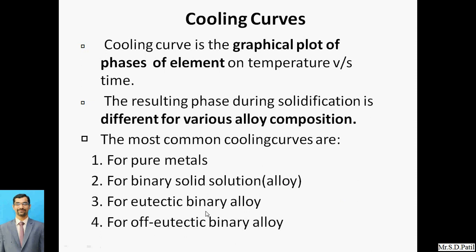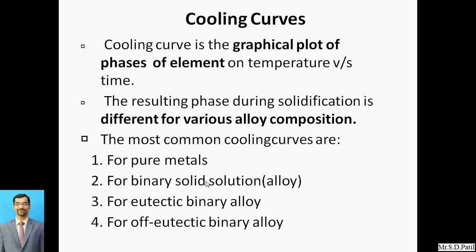Then the eutectic binary alloy and the off-eutectic binary alloy. We will see these four cooling curves in the next part, but for this lecture we will focus only on the cooling curve for pure metals and for binary solid solution, because understanding the basic phenomena is very important.